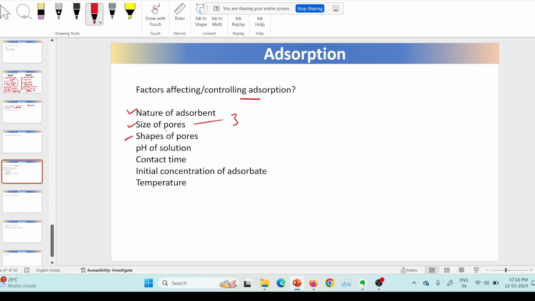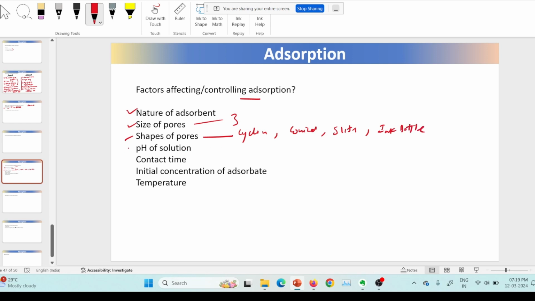What is the shape of the pores? It can be cylindrical, conical, in the form of slits, spherical or ink bottle.